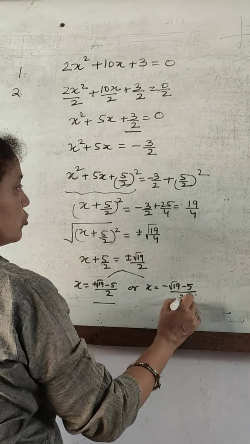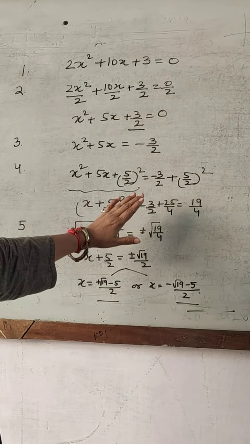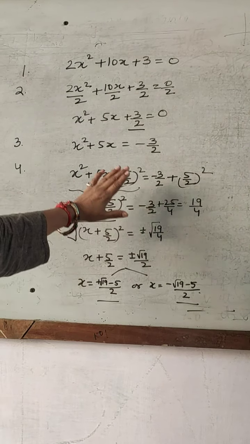So these are the roots of the given quadratic equation and we have found them by completing the square.